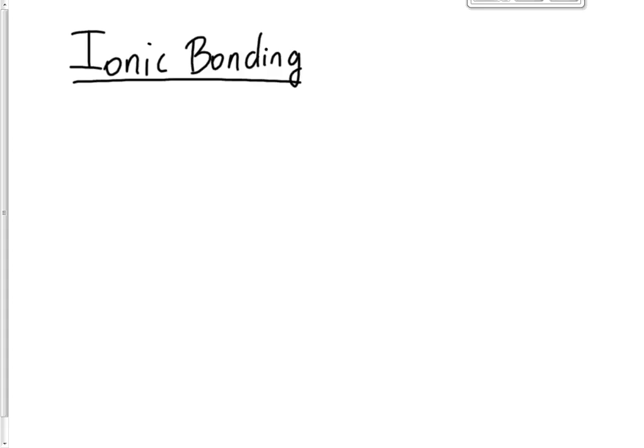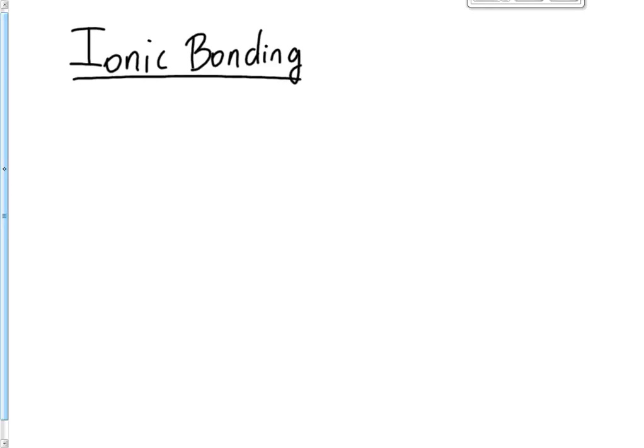Okay, so we're going to talk about ionic bonding to start out this next unit. So an ionic bond, let's start out with the definition of what an ionic bond is.